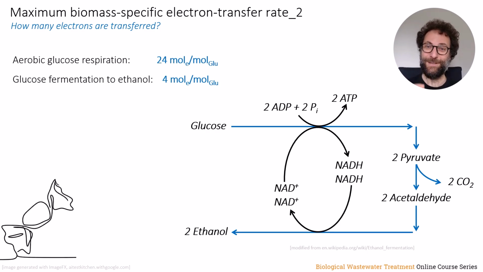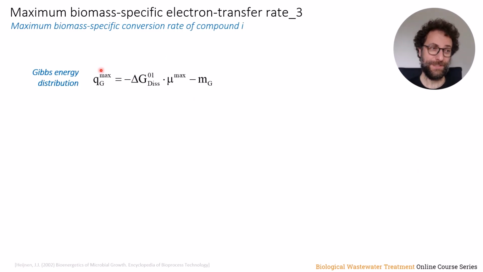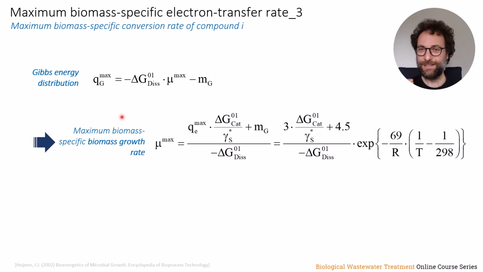Now, back to the parameter estimation. Where we left off was when we wrote the Gibbs energy distribution equation, the Herbert-Pirt equation. Part goes to growth and part to maintenance. Now, if we rearrange this equation, we can finally derive the maximum biomass-specific growth rate, mu max, which might ring a bell for some of you, which is simply the expression of what we learned.